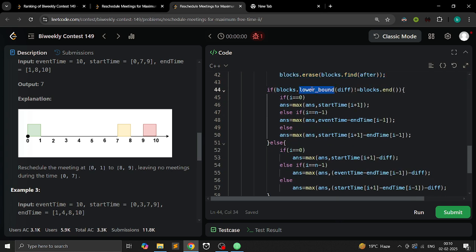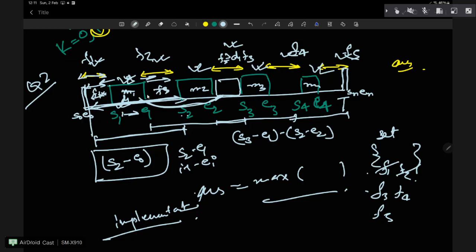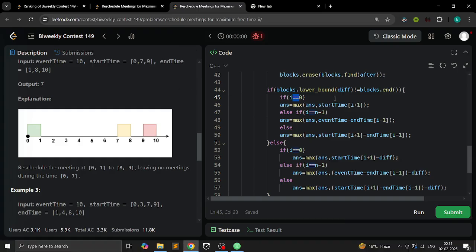Then I use lower bound to check if some block can accommodate my meeting duration or not. If it can accommodate, then my answer would be the complete duration. If it is the first element, then from 0 to the start of i plus 1, the whole free block can be my answer.